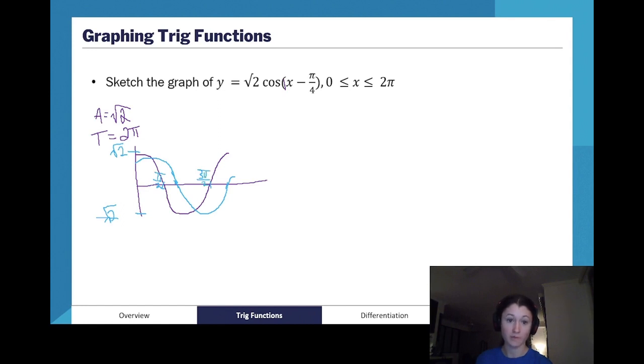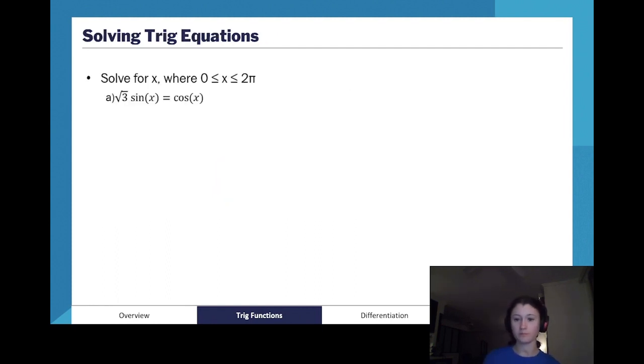But because we have moved pi on 4 to the right, what we're going to do is add pi on 4. So we're going to have pi on 2 plus pi on 4, which is going to give us 3 pi on 4, and so forth.